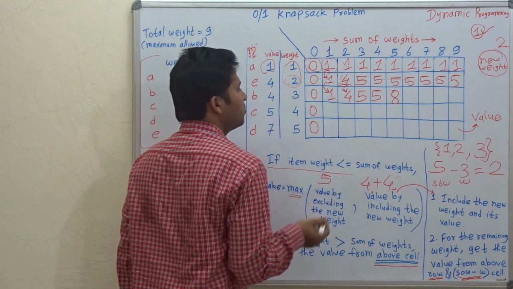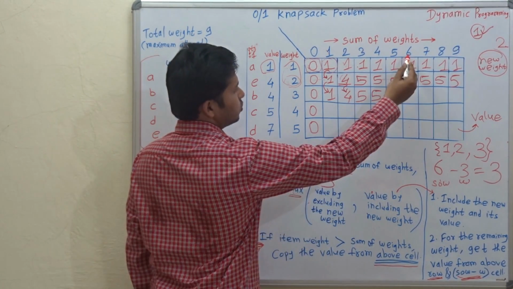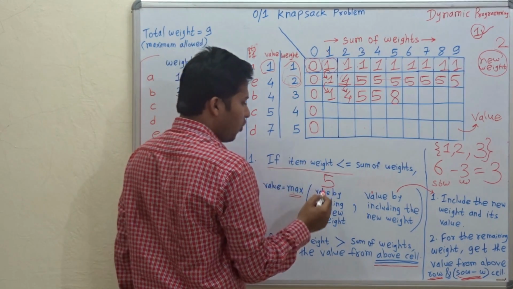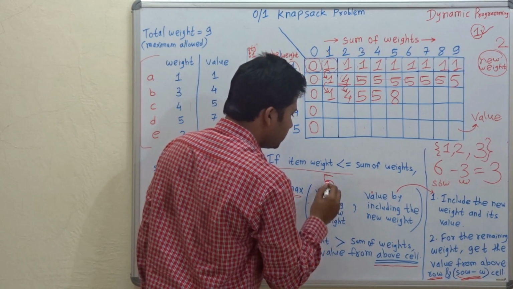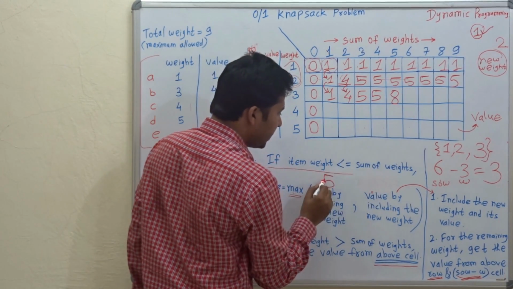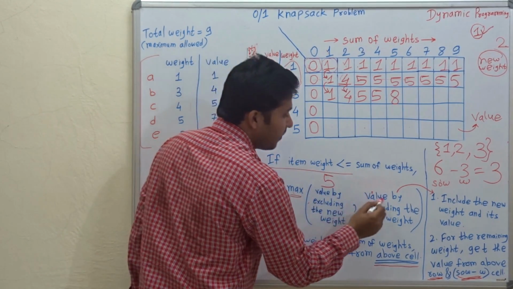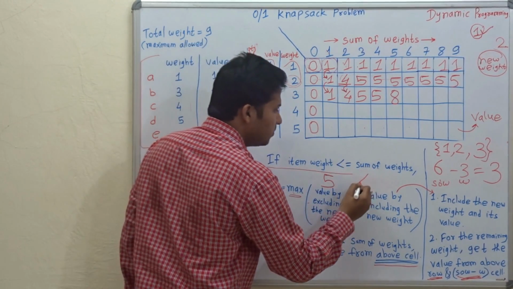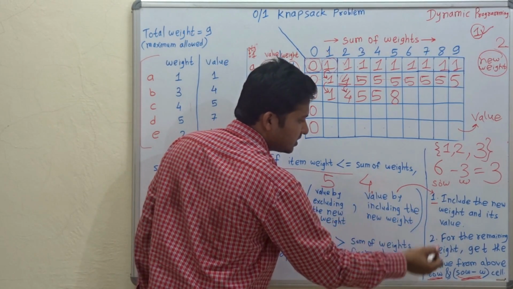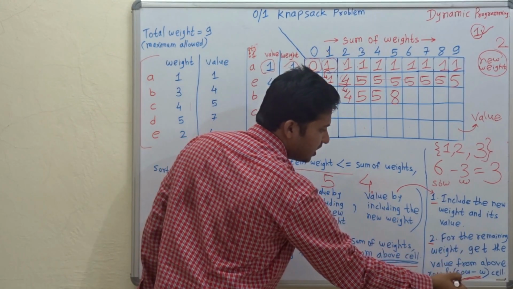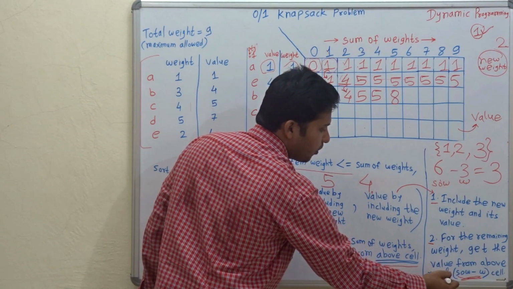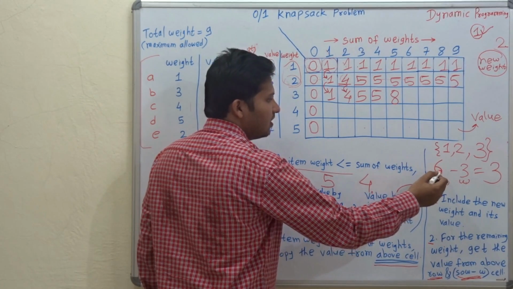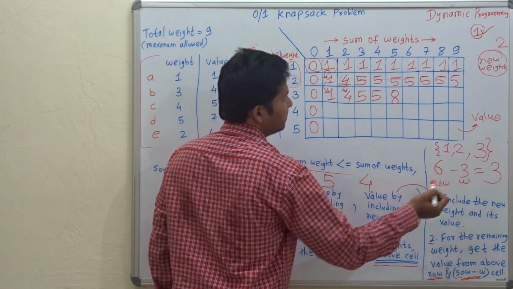Okay. Let's go to the next cell. So for forming 6 by using weight 3, just follow these steps. Value by excluding the new weight is the value in the above cell, that is 5, and value by including the new weight is, first include the weight and its value, that is 4. That is the first step, and the second step is for the remaining weight, get the value from above row and SOW minus W cell, which is 6 minus 3.